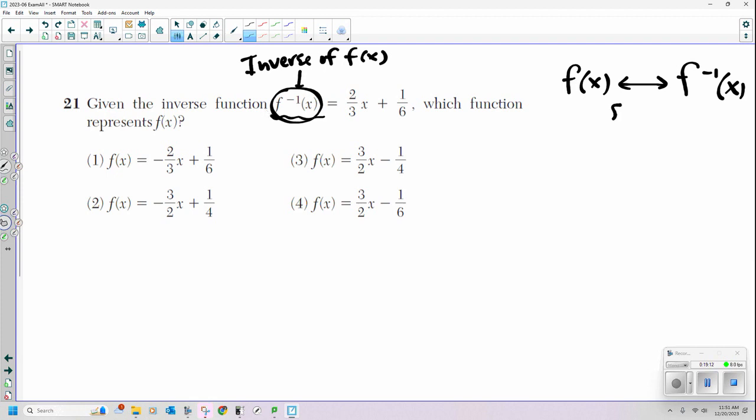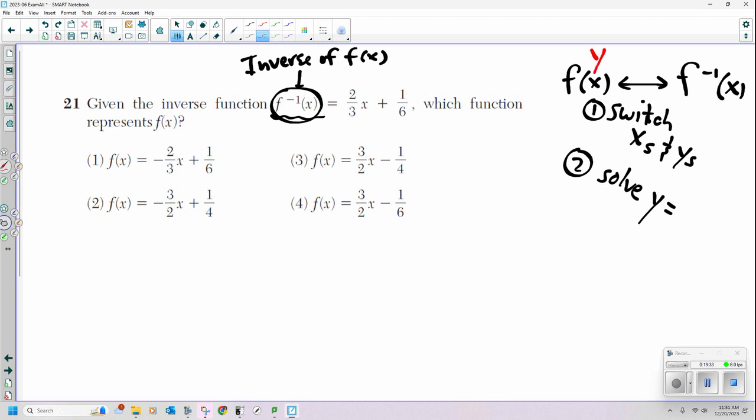I switch my x's and y's. That's the first step. And the second step is to solve for y again, so make it y equals. If I look right here, f of x is the same thing as y.